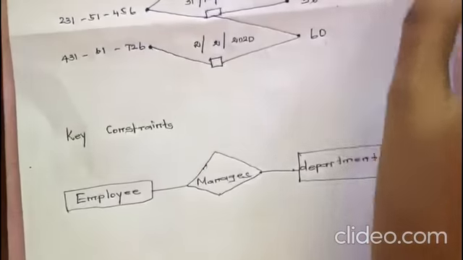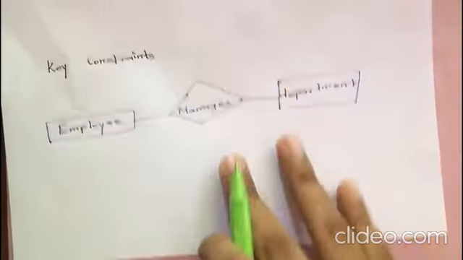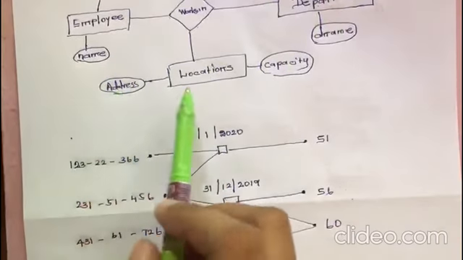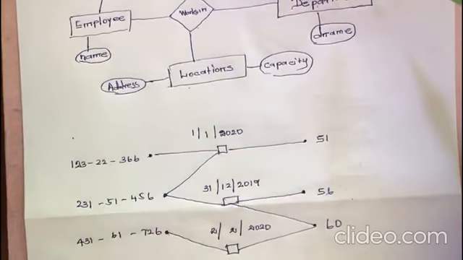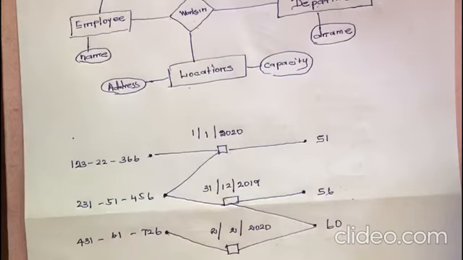Next, we are going to learn about the key constraints. Let's say, what is a key constraint? Consider the works-in relationship shown in this figure. An employee can work in several departments and a department can have several employees.